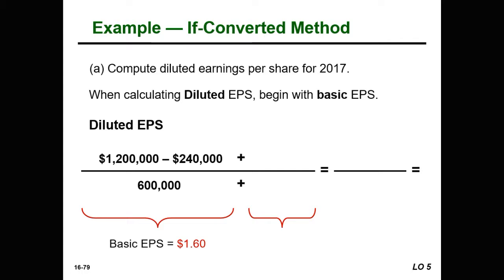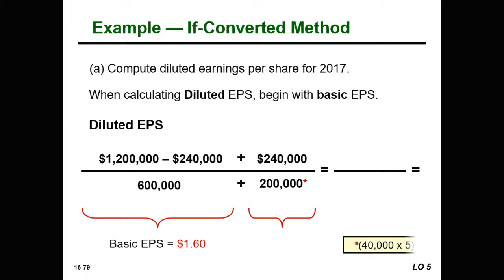If the preferred stock had converted to common stock, think about that. If it had converted, there would have been no need for preferred dividends. So we add the preferred dividends back. Then we represent 200,000 additional shares.